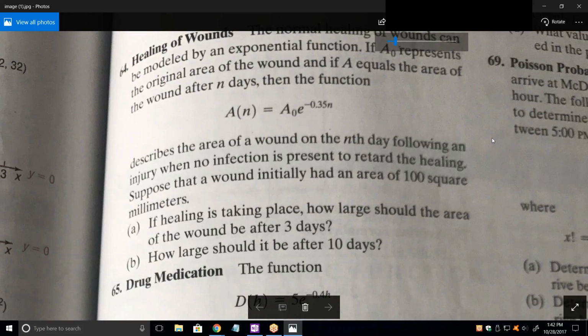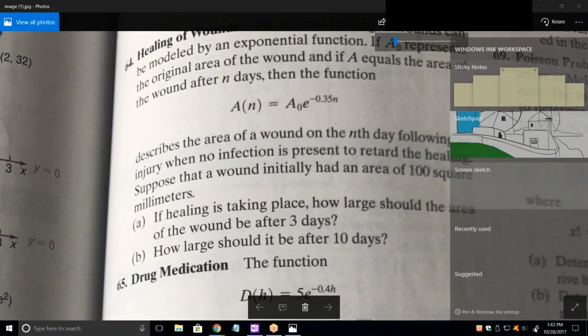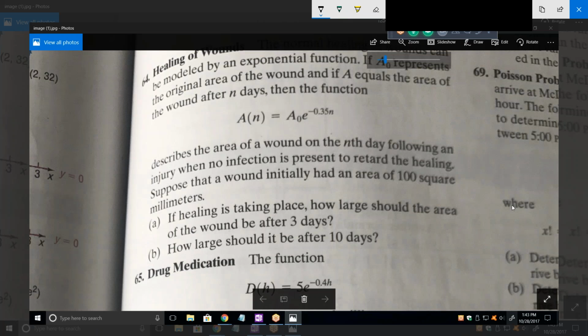Okay. So if a wound initially had an area of 100 square millimeters, what is that in the formula? Isn't that A sub 0? A of n is the area of the wound after n days.